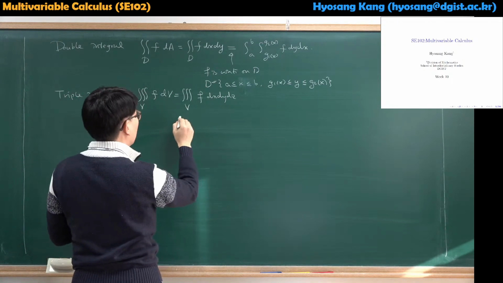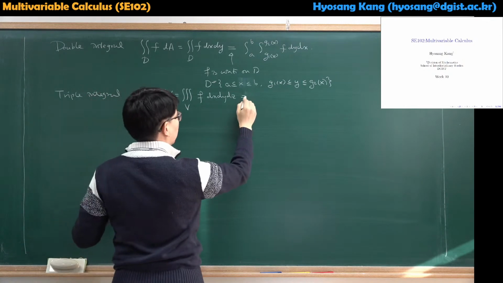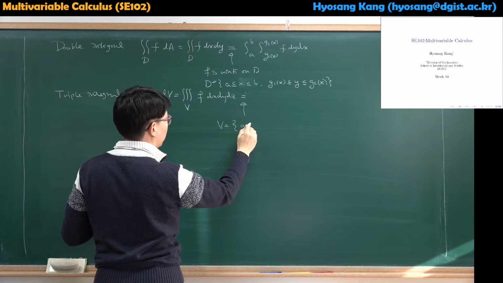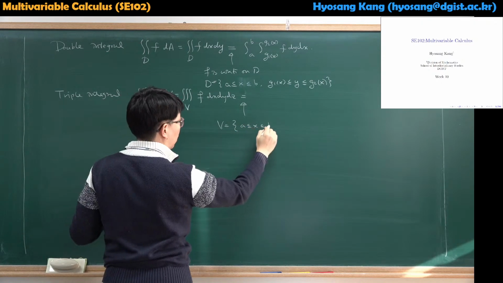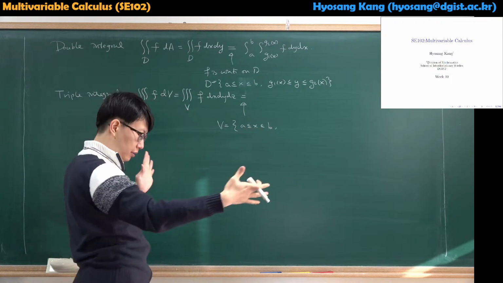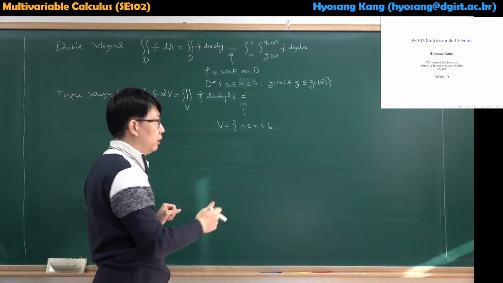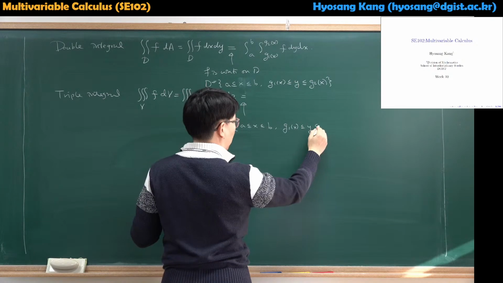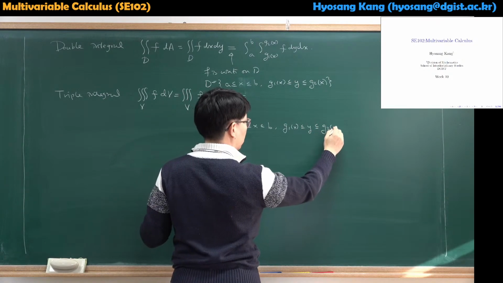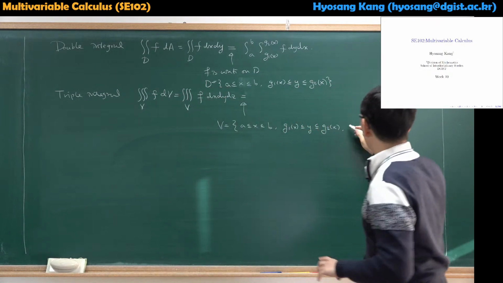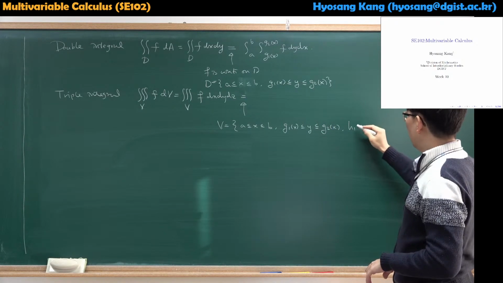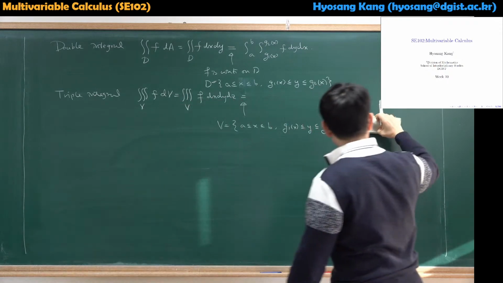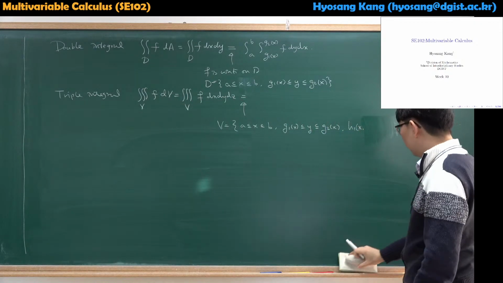And also, if you have an expression of the bounded region V in terms of three inequalities, first, x inside of this region is bounded from A to B, and next we have y bounded from G1 to G2, and last we have the lower limit and upper limit of z depending on x and y.